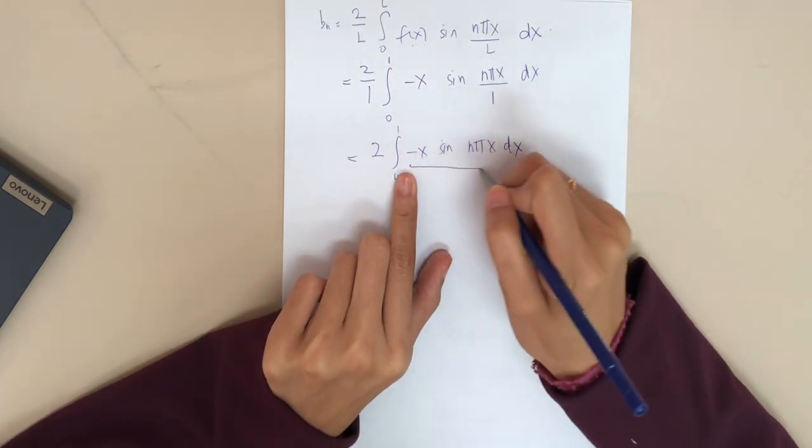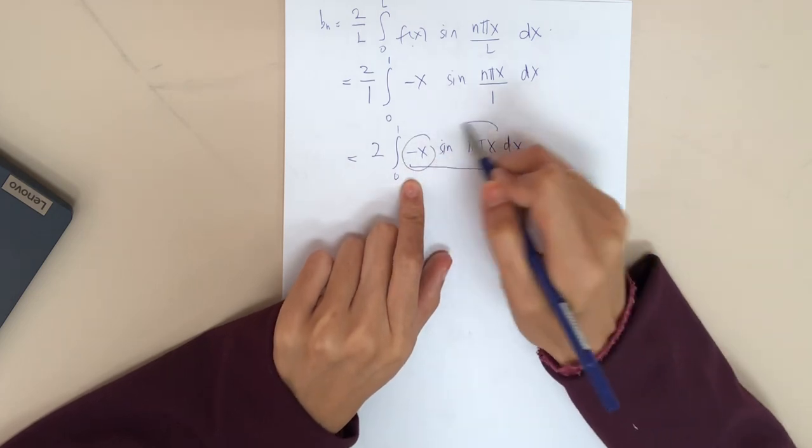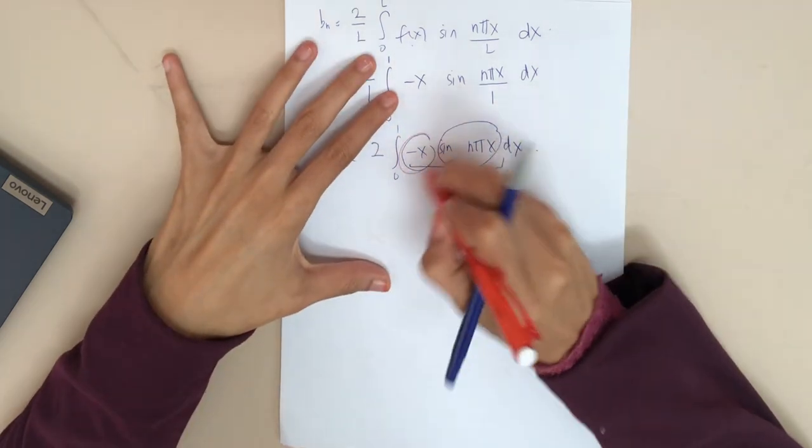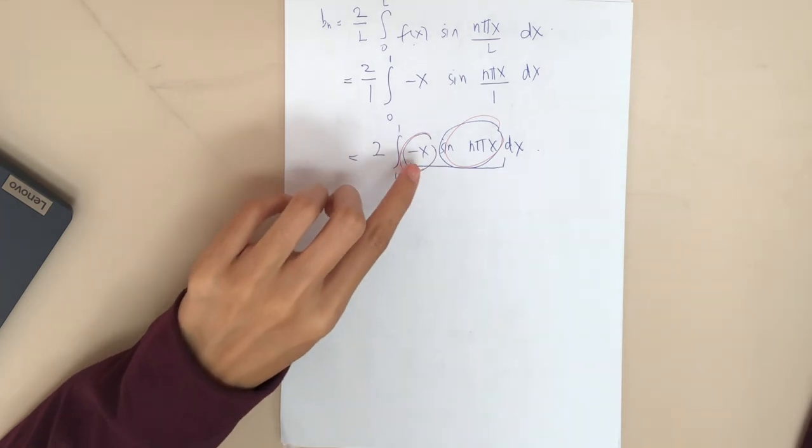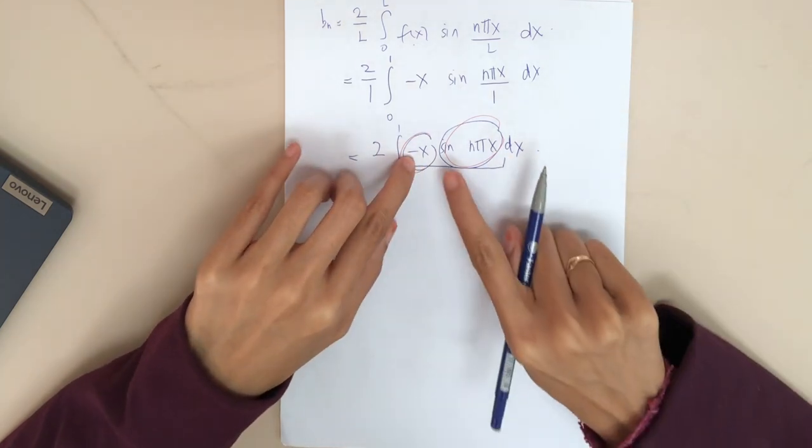Class, you can see there are two parts here. I circled them in red. The first is negative x, and the second is sin n pi x.